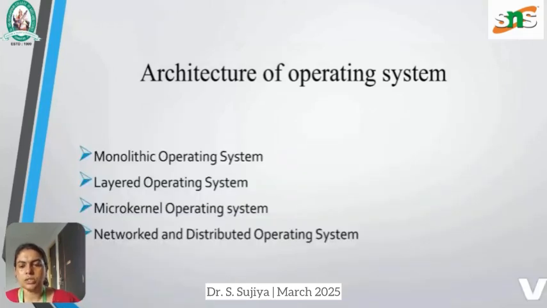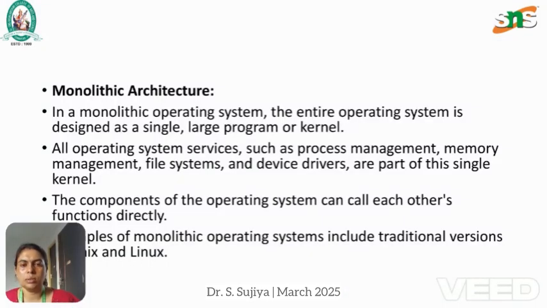The architectures of an operating system include the monolithic operating system, the layered one, the microkernel, and the networked and distributed operating system. A monolithic operating system is an entire operating system designed as a single large program, the kernel, and this system contains process management, memory management, file systems, and device drivers in a single kernel.